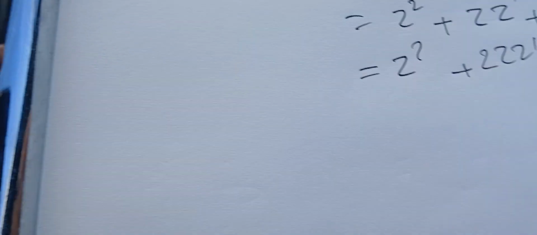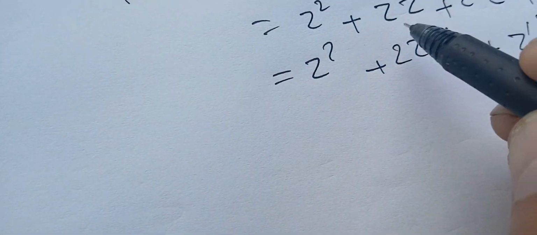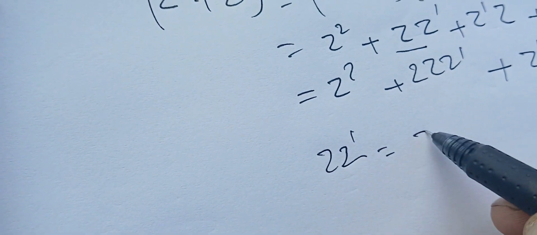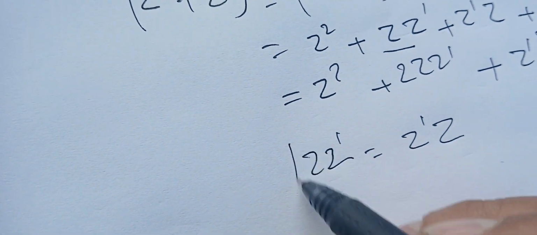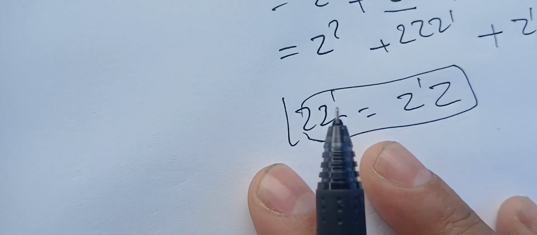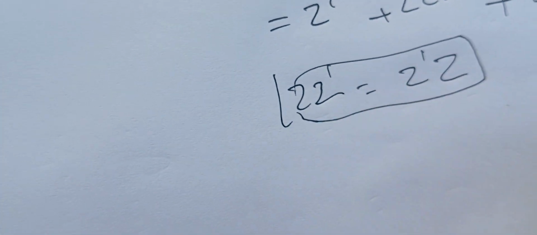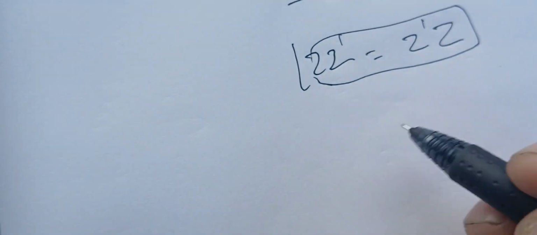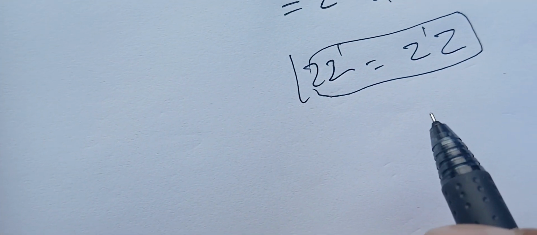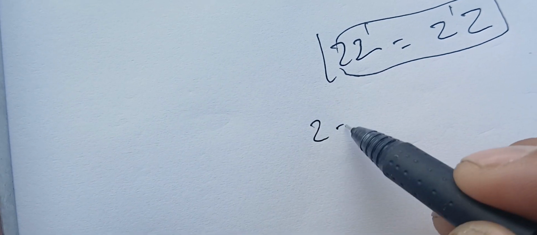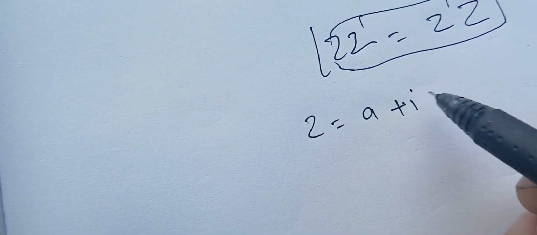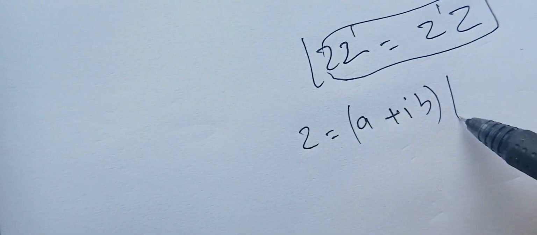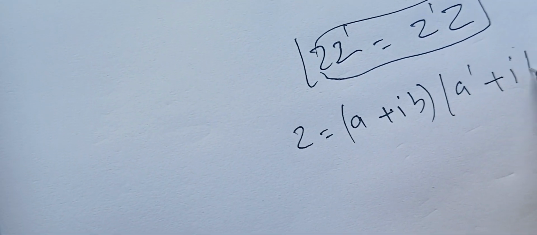We're going to prove why C is commutative. We need to prove that z z prime is equal to z prime z. We didn't prove this one. So the key to prove this result is to take z as a plus ib and z prime as a prime plus ib prime.